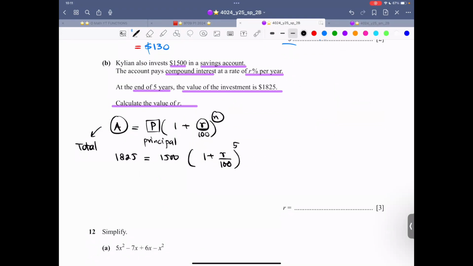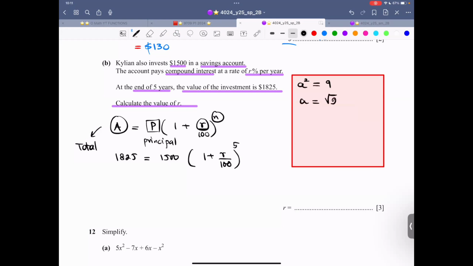Now, let me give you some unique background which people tend to forget. That is, if I say a square is 9, therefore a is square root of 9. Forget the plus minus sign for right now. The opposite of square is square root, which means raised to power of half. Agreed? 9 raised to power of half.